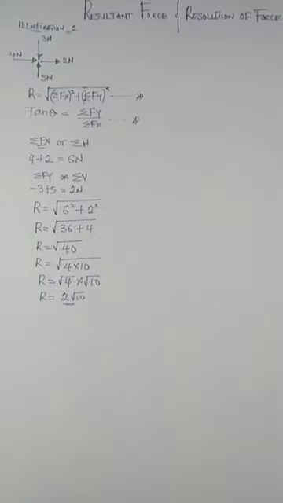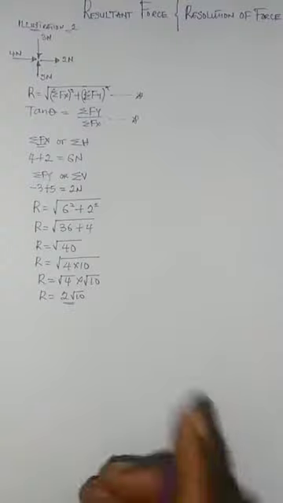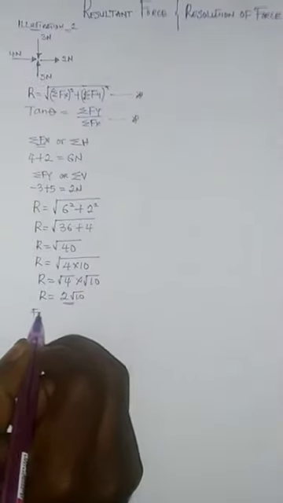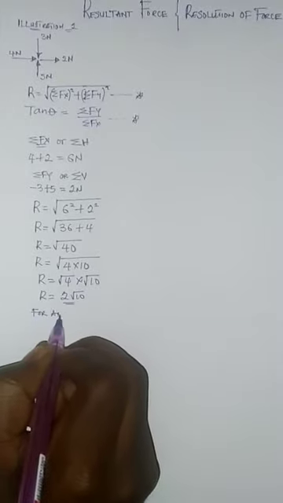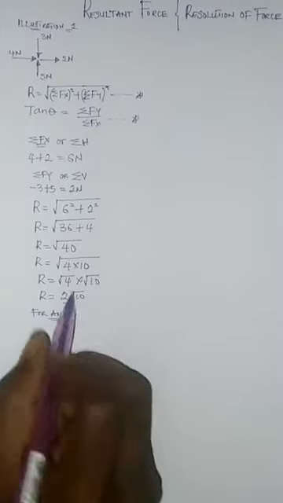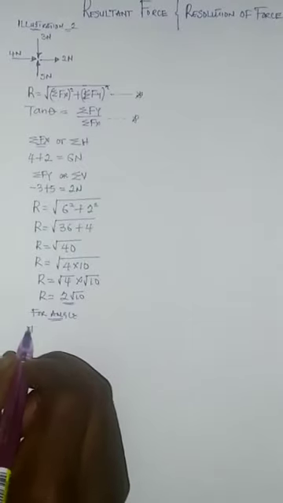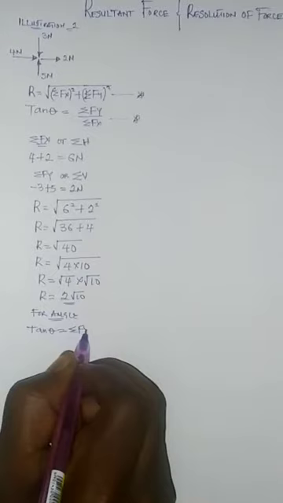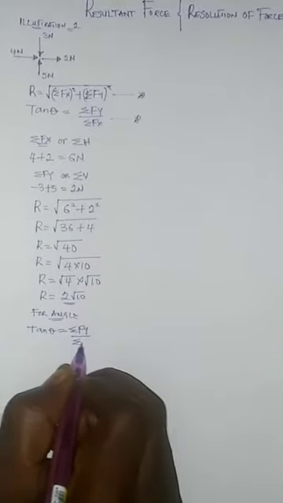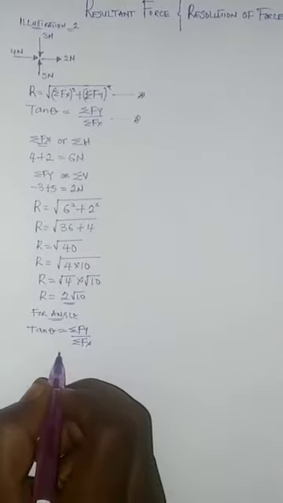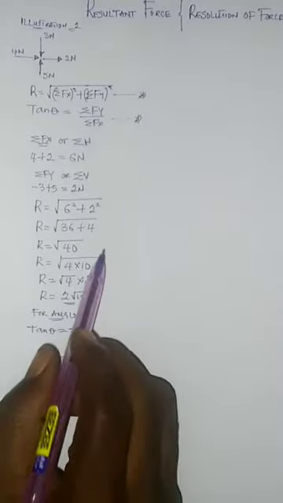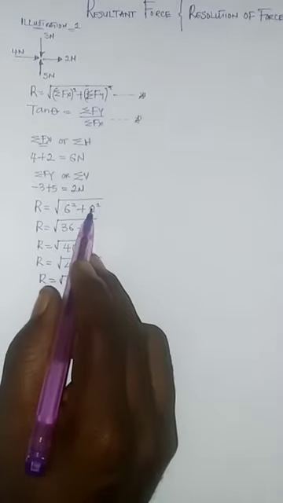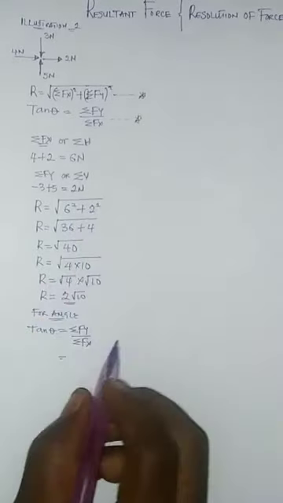Right? Now, if you want to calculate the angle, we know that tan theta is equal to the summation of F of y over the summation of F of x. The summation of F of y is 2 over the summation of F of x, which is 6.